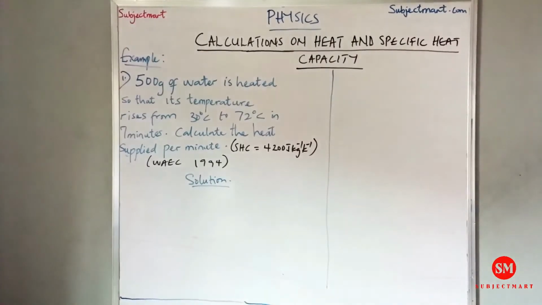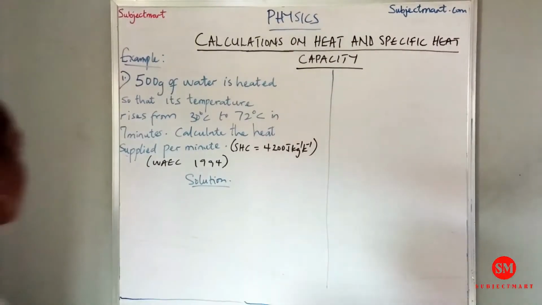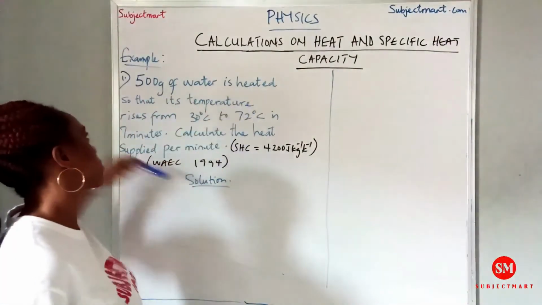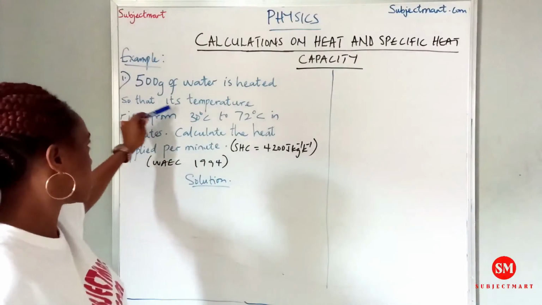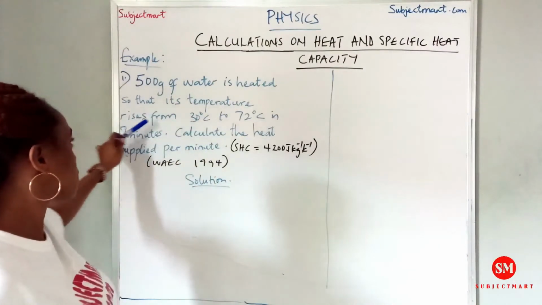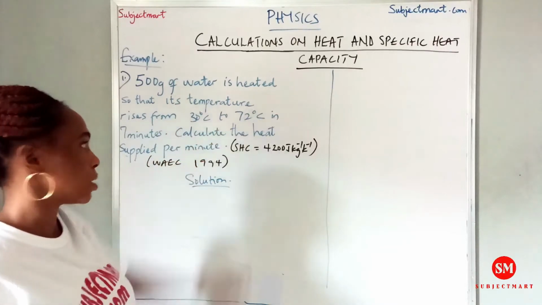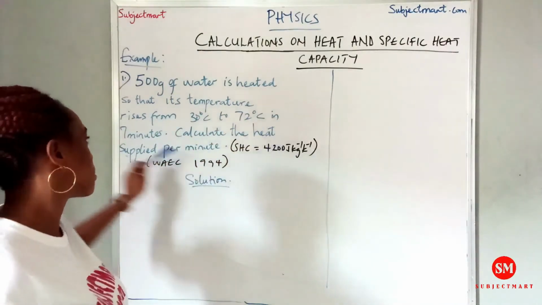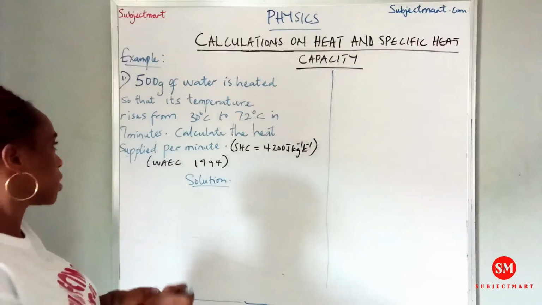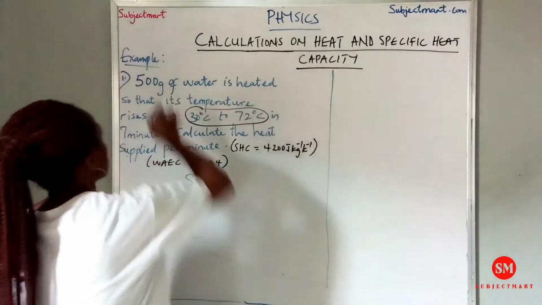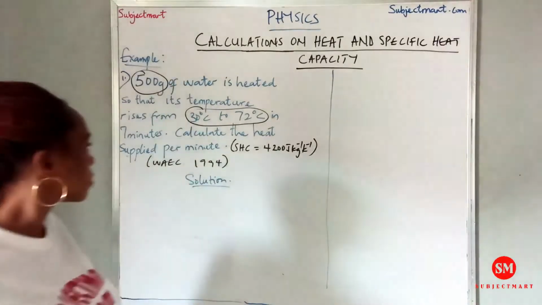Okay, a quick example of that is this. 500 grams of water is heated so that its temperature rises from 30 degrees C to 72 degrees C in 7 minutes. Take note, temperature rises from 30 to 72, 500 grams of water.